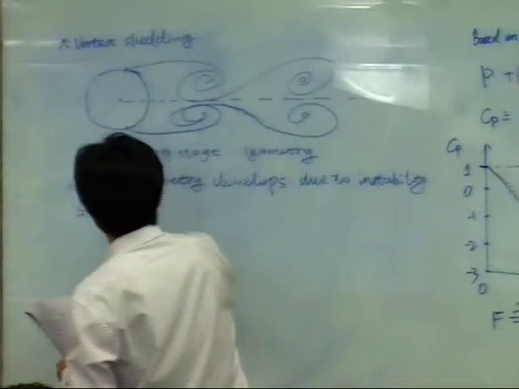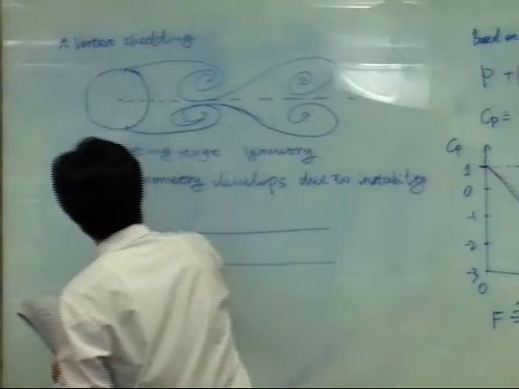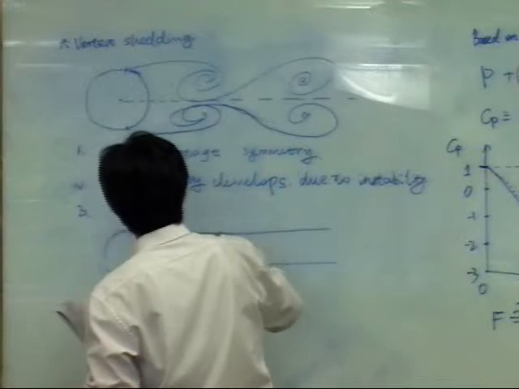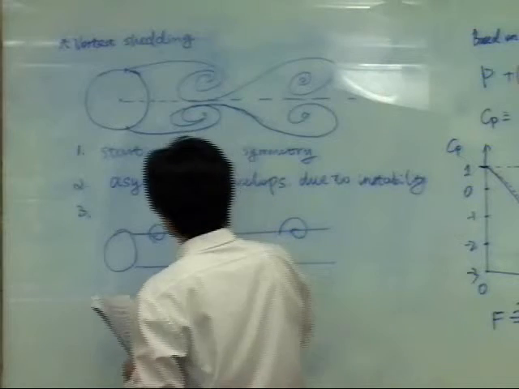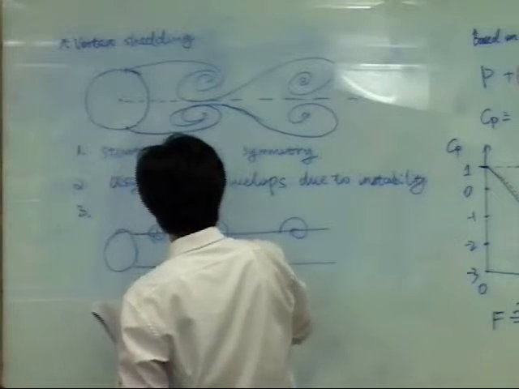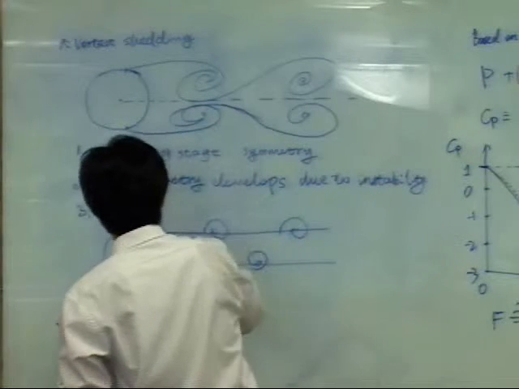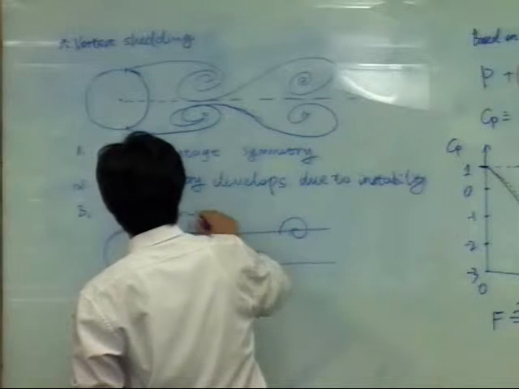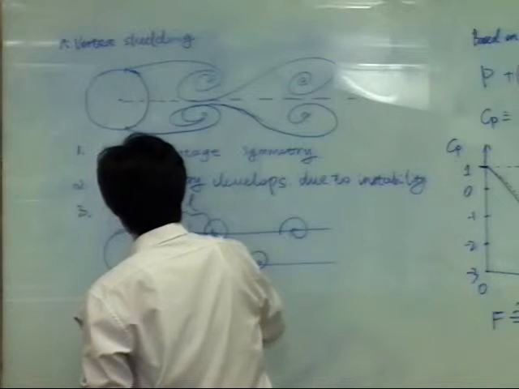So in reality, if we see, this is one line, this is one line, here is the streamline, we see one vortex here, here, and here. The other side would be in the opposite direction. This is L, and this would be L over 2.